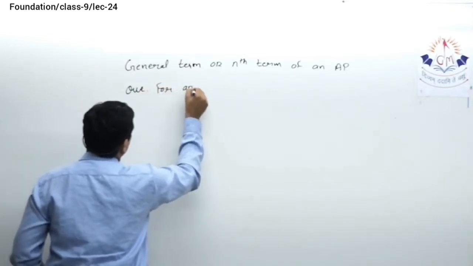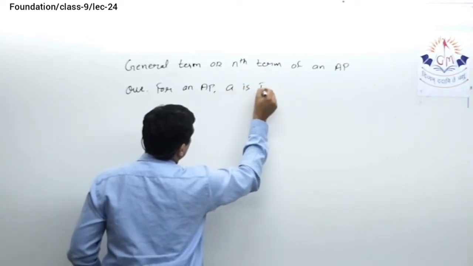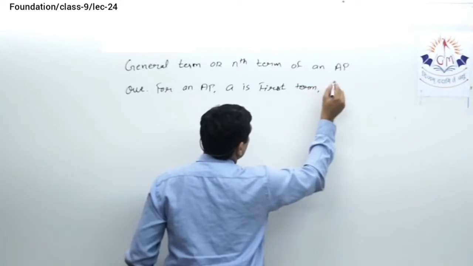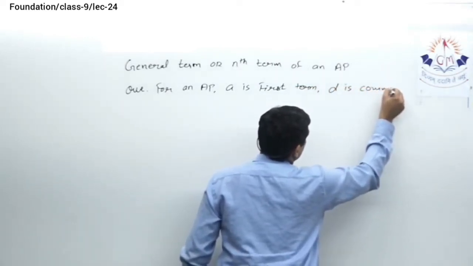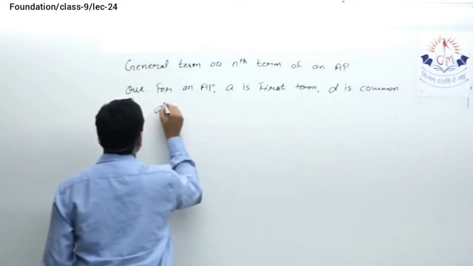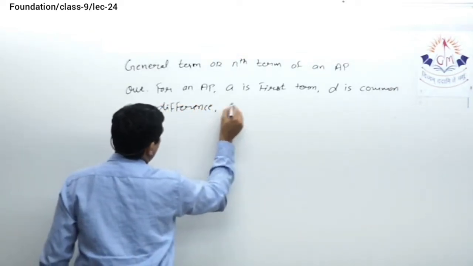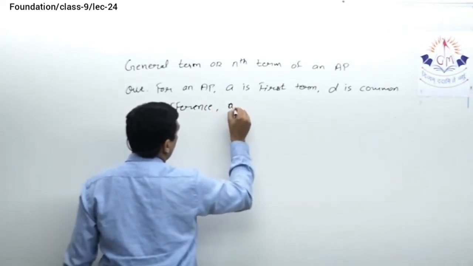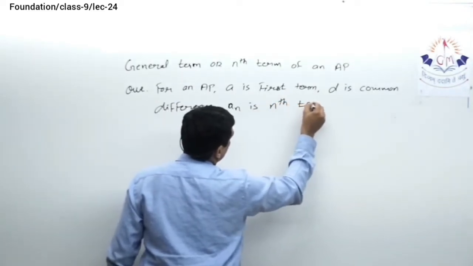The next question: for an AP, a is the first term, d is the common difference, an is the nth term.